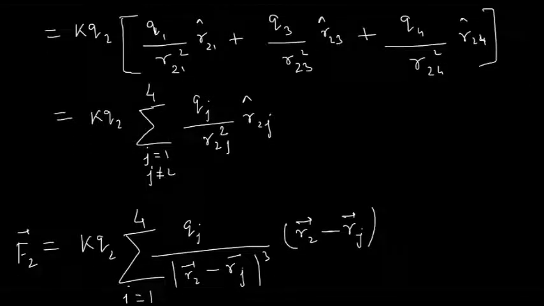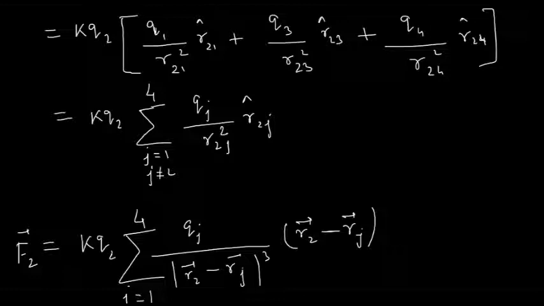Now, taking K Q2 common: K Q2 times Q1 upon R21 square unit vector R21 plus Q3 upon R23 square unit vector R23 plus Q4 upon R24 square unit vector R24.